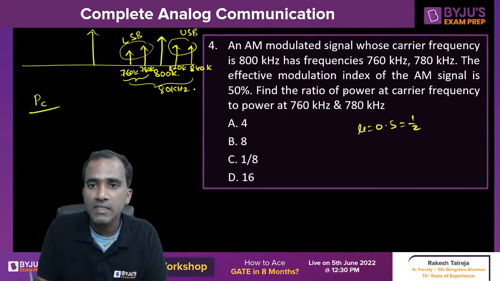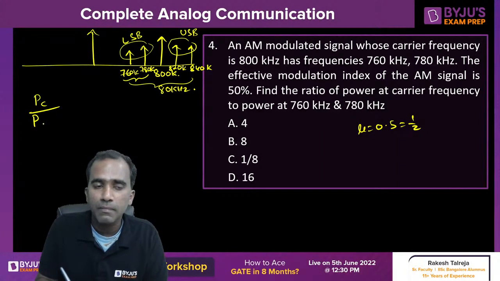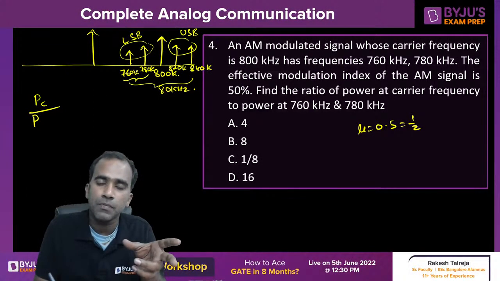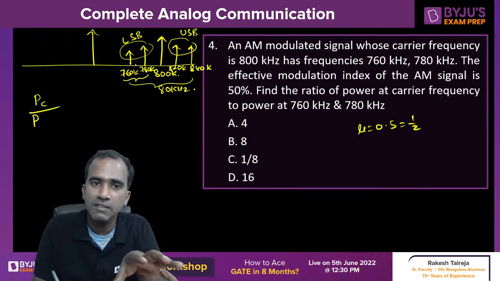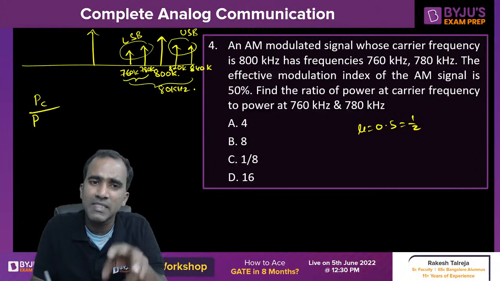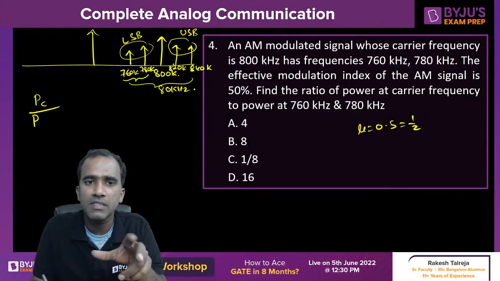Okay. So they are saying ratio of power at carrier frequency divided by power at 760 and 780. Convert that into our language. What power are they talking about? Power in the message. 760 and 780 correspond to the message, but the message also has frequencies at 820 and 840.